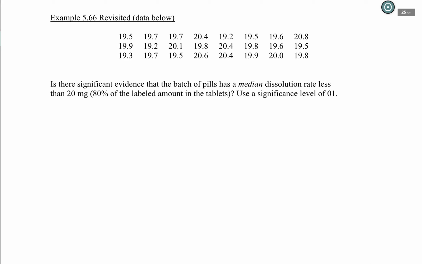And here we are going to test the median dissolution rate. Well, I'm sorry, not again, but now I should back up. Now the parameter of interest is a median dissolution rate. So you may want to hit the pause button and read the setup here.